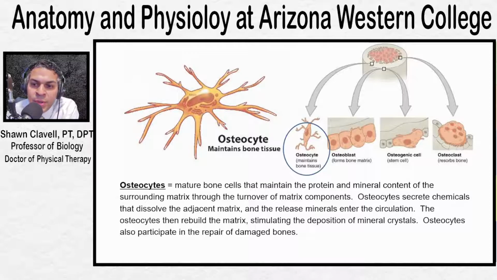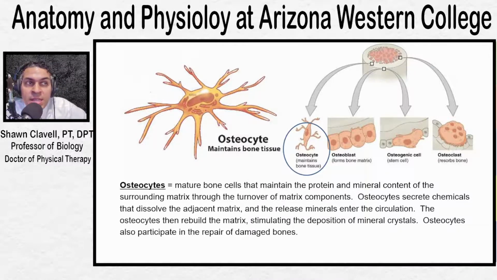Osteocytes are mature bone cells that maintain the protein and mineral content of the surrounding matrix through the turnover of the matrix components. So what these osteocytes will do is they'll secrete chemicals that dissolve the matrix, break down those calcium salts, and release them into the bloodstream, into circulation.